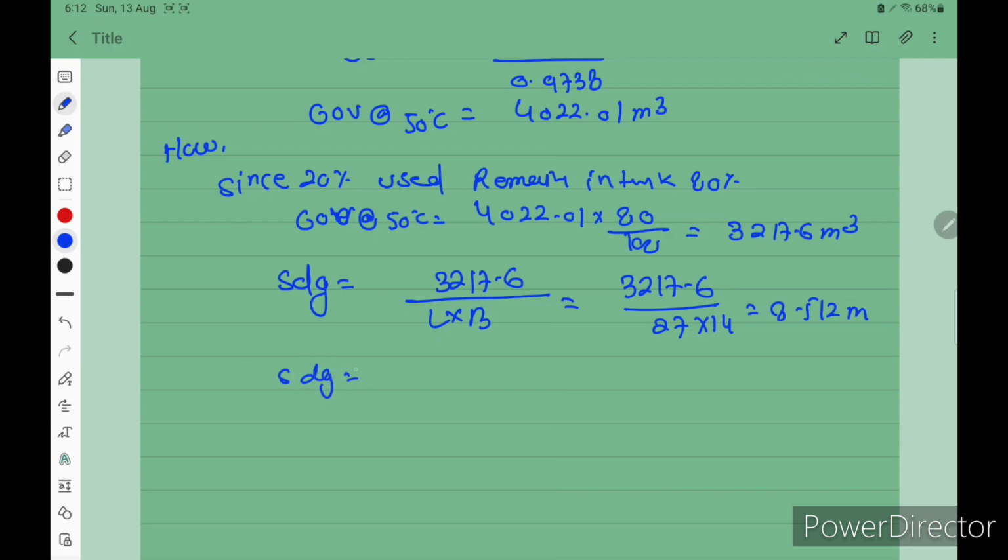Now sounding is equal to total height minus ullage.